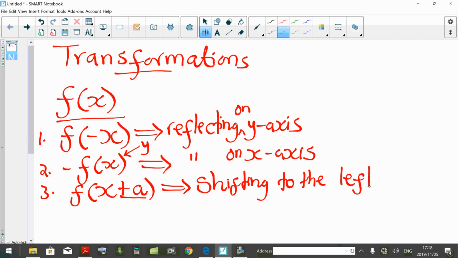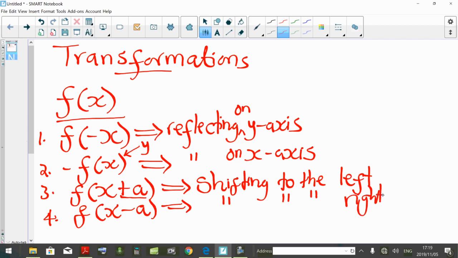When you're adding, you're shifting to the left. And likewise, when you're subtracting, you're shifting to the right. So negative a implies we're shifting our graph to the right by a units. This applies to trig functions as well.